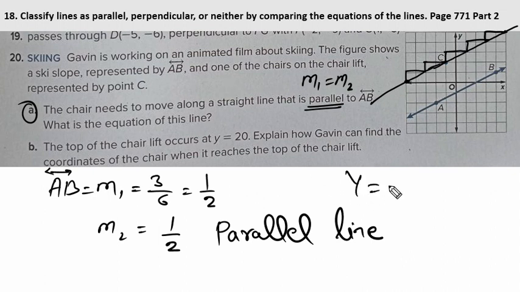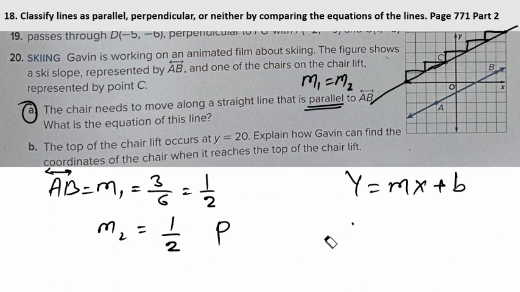So y equals mx plus b, and here the slope is 1 over 2, so y equals 1 over 2 x plus b. This is the parallel line equation passing through the point C, right?